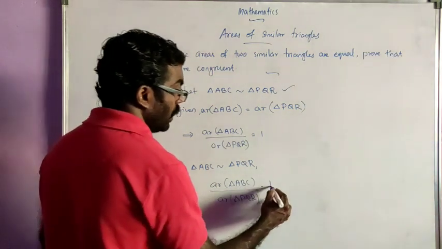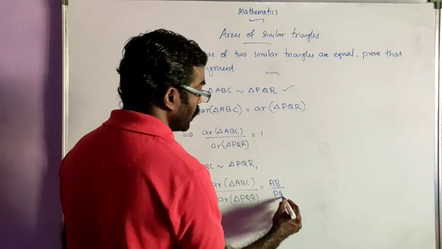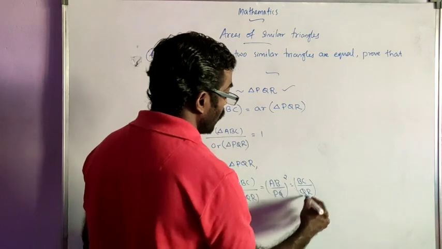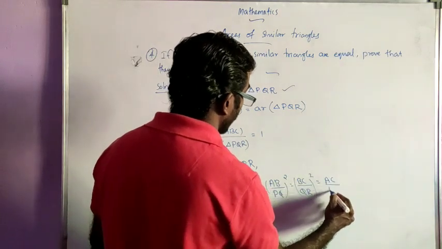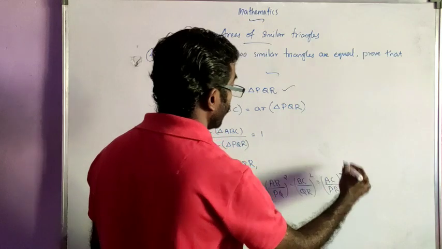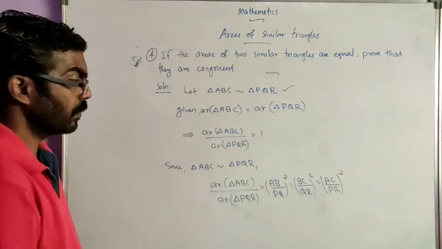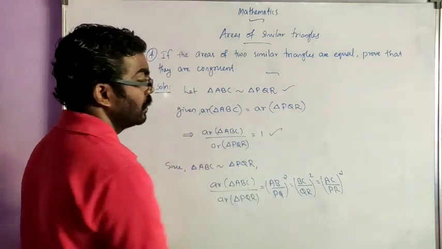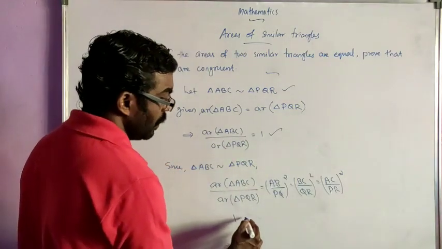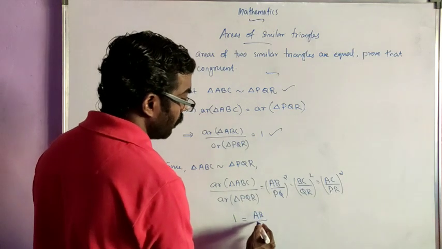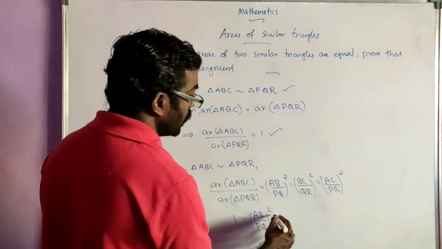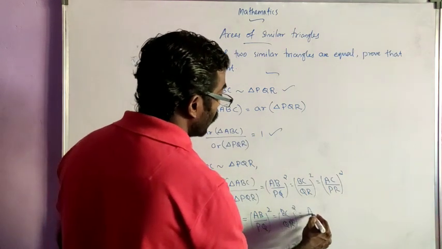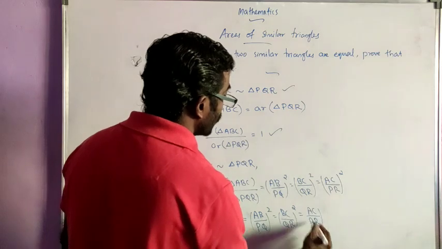So AB by PQ the whole square equals BC by QR the whole square, which equals AC by PR the whole square. Here area of triangle ABC by area of triangle PQR is 1. So you can put 1 equal to AB by PQ the whole square, equal to BC by QR the whole square, equal to AC by PR the whole square.